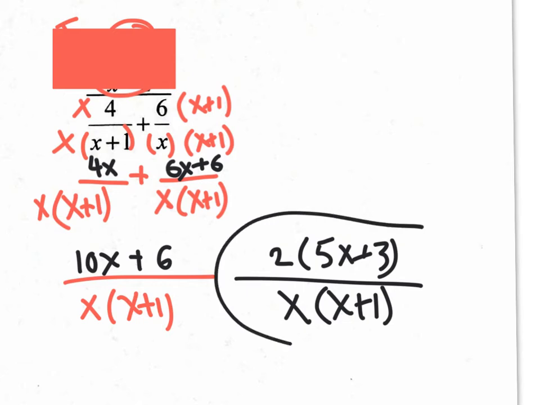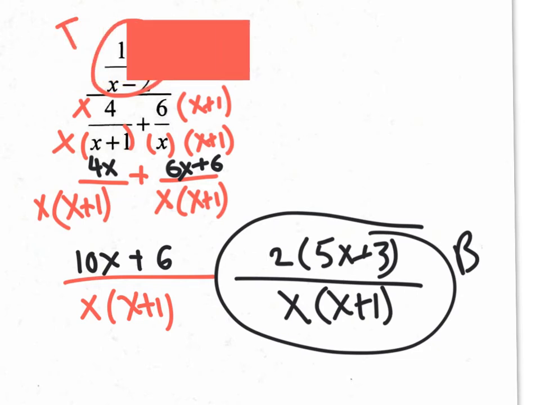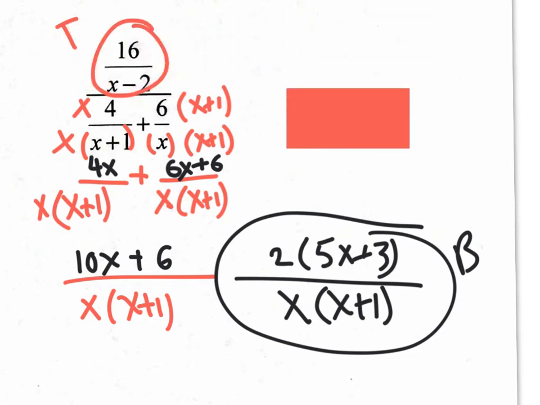Okay, so down here, this is really the bottom of the whole thing. Now remember, we ignored the top for a little while. So let me move this out of the way. But on top, we have 16 over x minus 2, and on the bottom, we have this. But remember, that's a division problem.